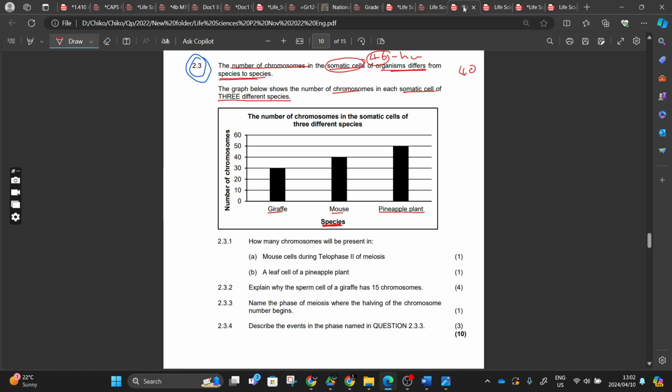And the number of chromosomes here, we can see that it is controlled by the species, right? The number of chromosomes depends on the species. The giraffe has 30, the mouse has 40, and the pineapple plant has 50. You also have to include the heading.